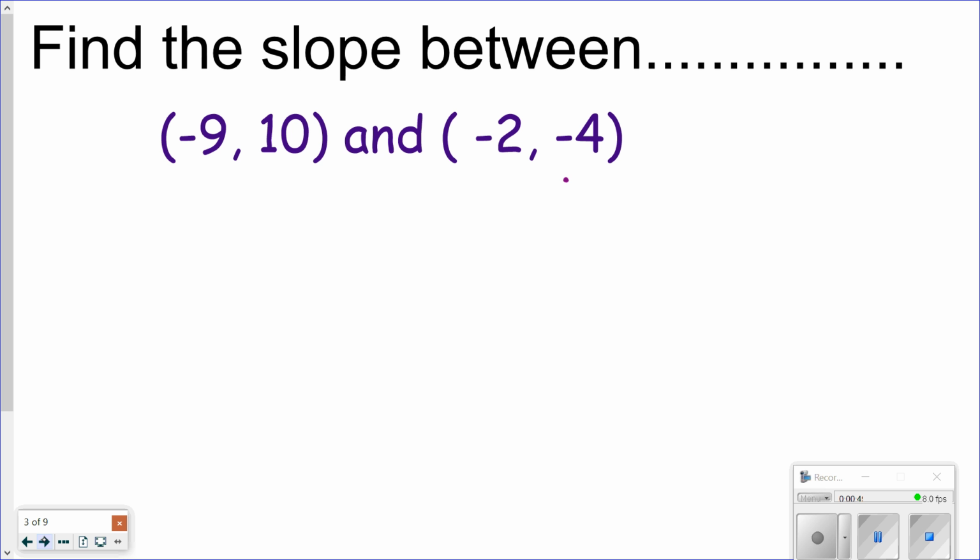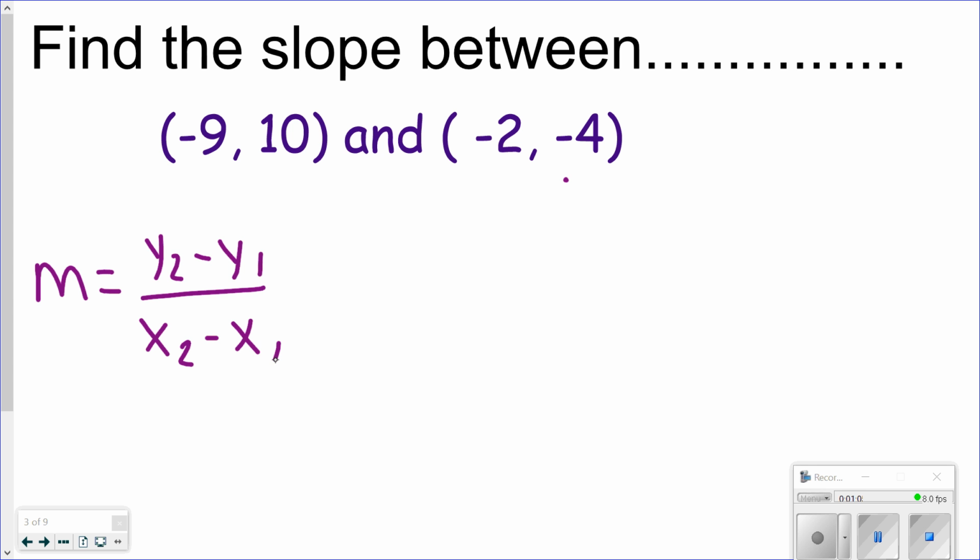So let's find the slope between these two coordinates, -9, 10, and -2, -4. So let's remember that slope, which is m, is equal to y2 minus y1 over x2 minus x1. Before I can plug my coordinates in, let's label our coordinates up top.